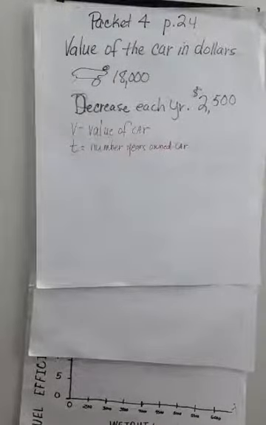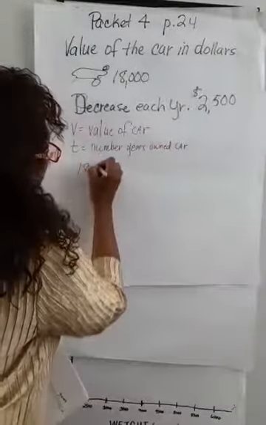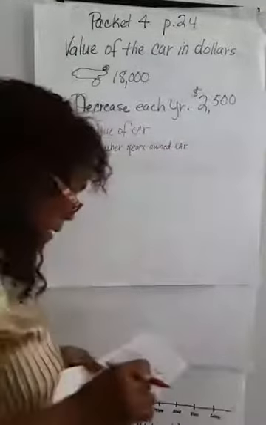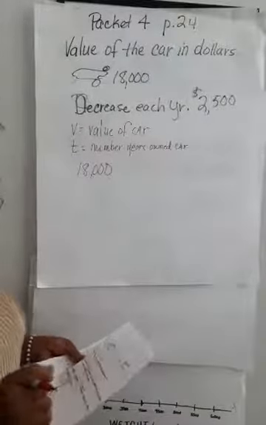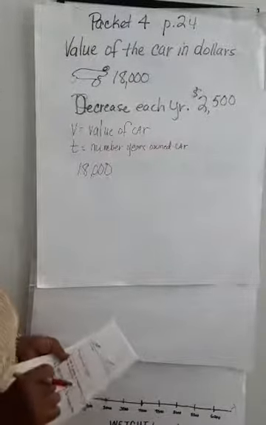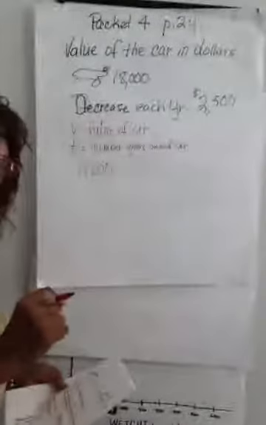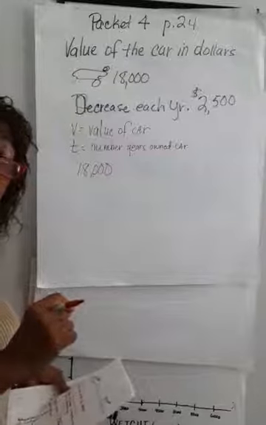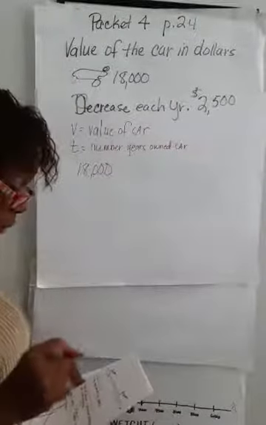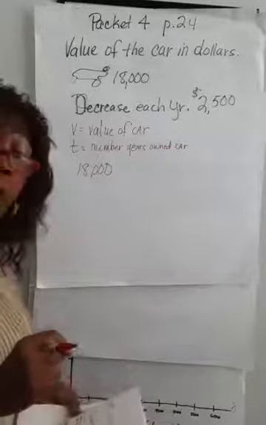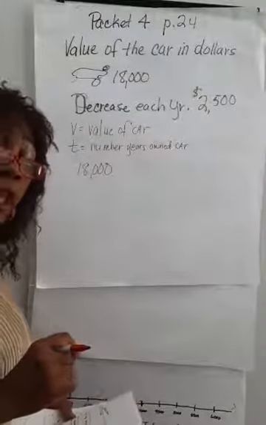So if you gave me $18,000 for a car, and your car decreased each year, that means that every year the value of your car is going to be less. So then a car depreciates, not appreciates.